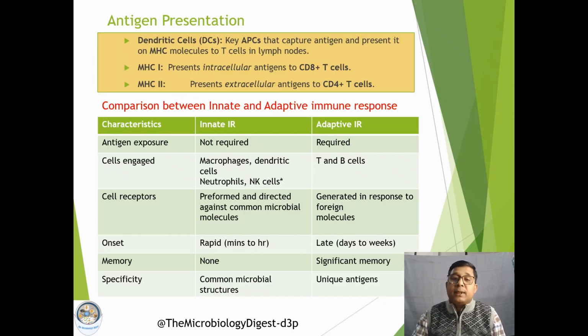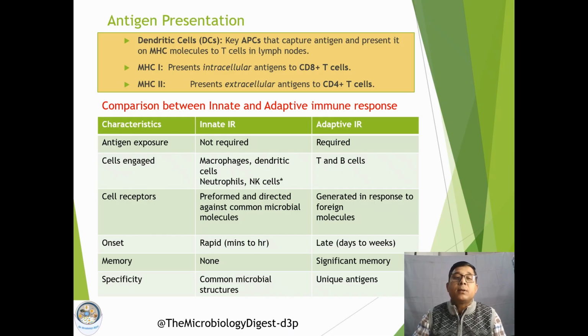Now, antigen presentation. In adaptive immunity, once antigens are recognized, they have to be presented through different molecules present on the cells. These molecules are called major histocompatibility complex, or MHC.